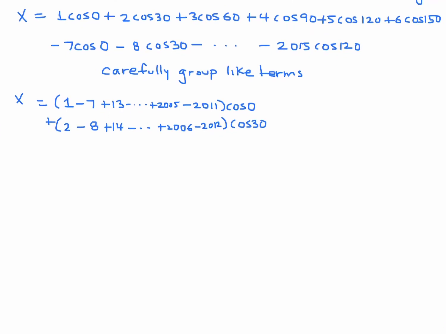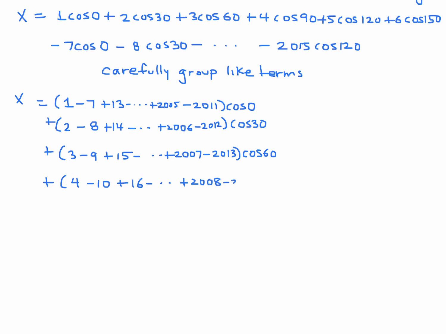So let's continue in this fashion. Then we have the next one, which is going to be 3 minus 9 plus 15, dot, dot, dot, and eventually you'll get to 2007 minus 2013, and that is cos 60. Then we get to the next one, 4 minus 10 plus 16 minus dot, dot, dot, 2008 minus 2014, and that is cos of 90.